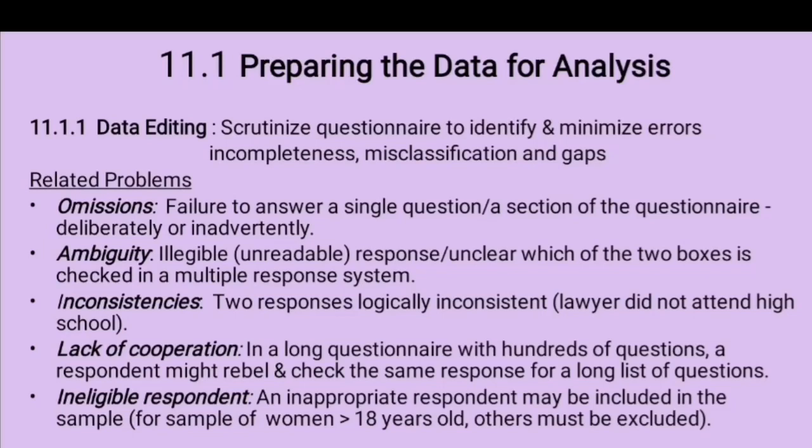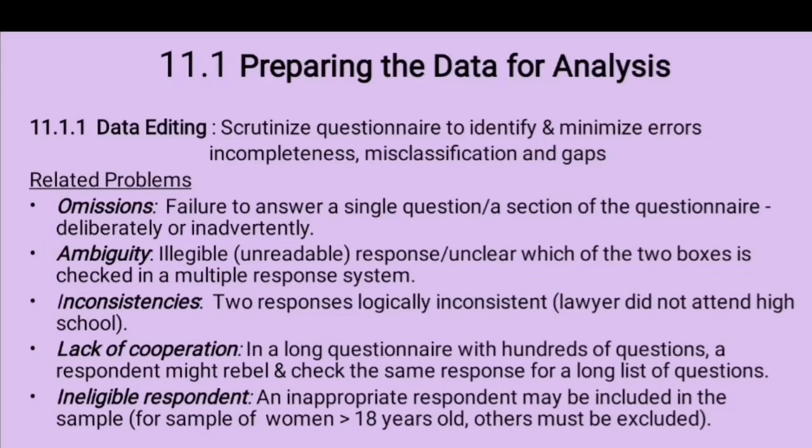And how much of the unusable data you need to identify. It's very important. You need to jot it down because you need to report it. Ambiguity, ineligible and unreadable response or unclear which of the two boxes is checked in a multiple response system. All those ambiguity, you need to put it aside. Inconsistency sama juga, put it aside.